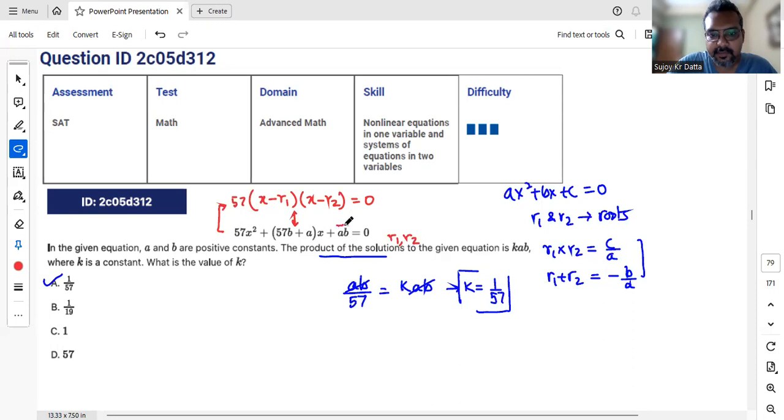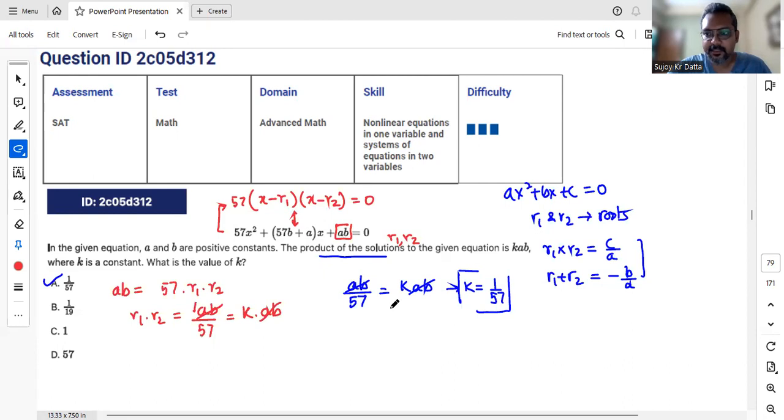So what's the constant term here? AB. What's the constant term there? So we have AB equals 57 times R1 times R2. Negative R1 times negative R2 actually, but negatives multiply and give you positives. So R1 times R2 is AB over 57, the same thing. And this is K times AB. So from here we get the same relation, that K is 1 over 57.